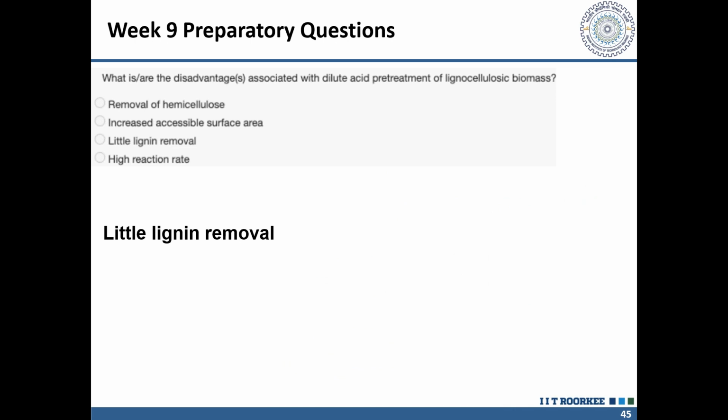Now let's move on to the next question. What is the disadvantage associated with dilute acid treatment of lignocellulosic biomass? In the previous question also we have seen what is alkali pretreatment. Similarly, we have a process known as acid pretreatment. Acid pretreatment is also a method to remove the lignin and hemicellulose.